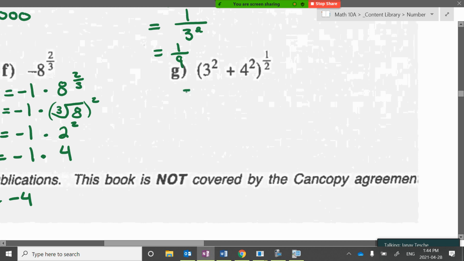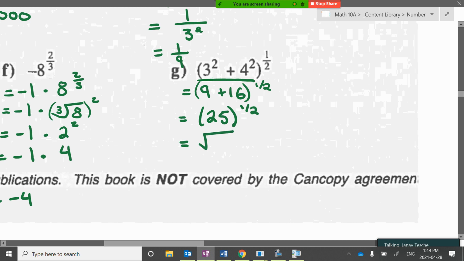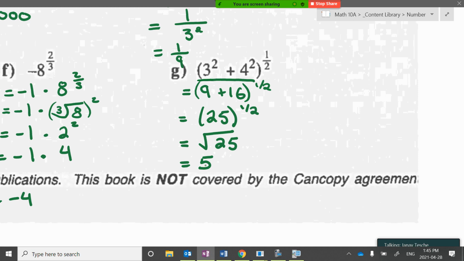So I'm going to go 9 plus 16, and then I'll deal with that. 9 plus 16 gives us 25. 25 to the power of a half is just the square root of 25, which is 5.